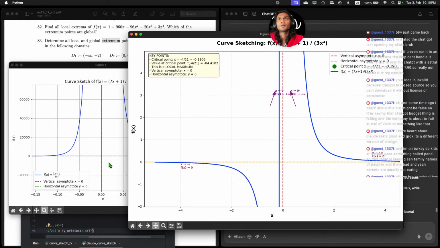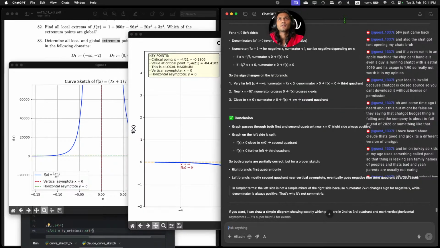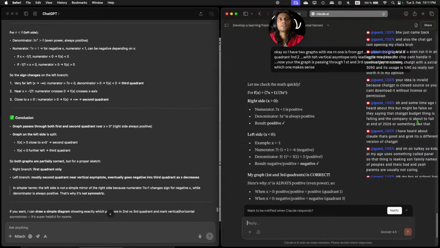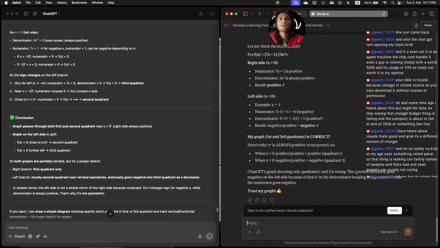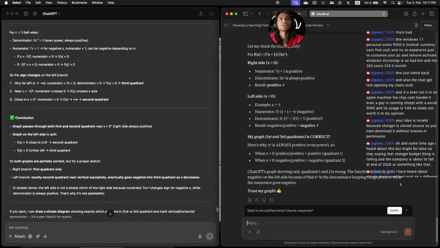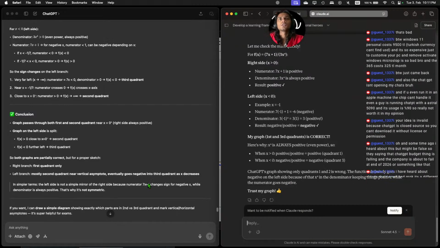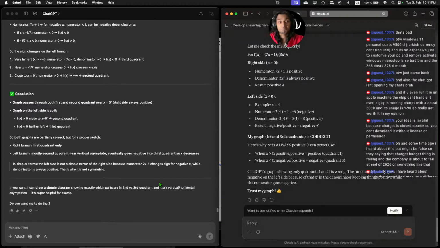Well, they're different, bro. It's wrong. The function definitely goes negative on the left side because of the... Okay. Trust my graph.